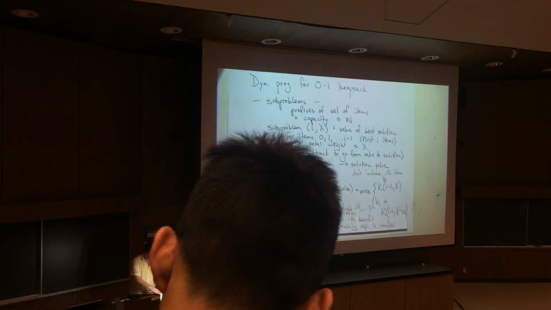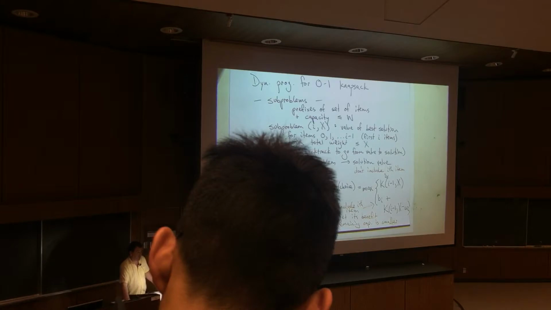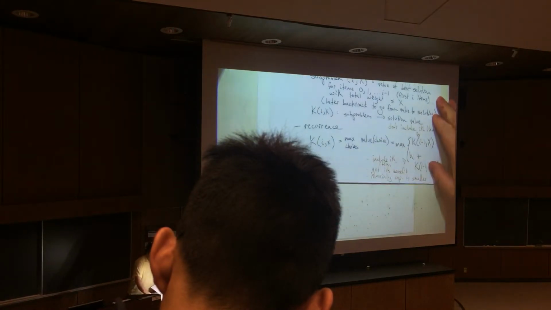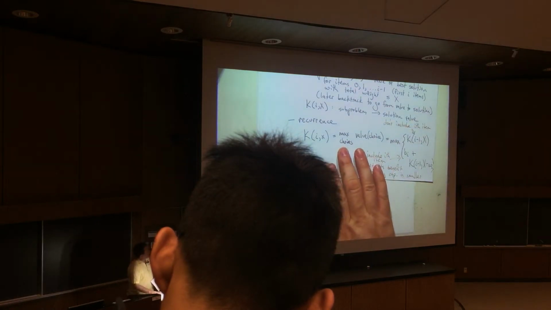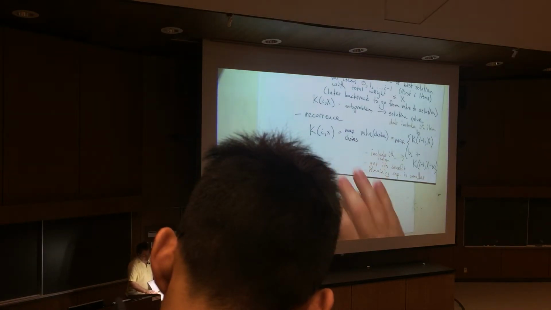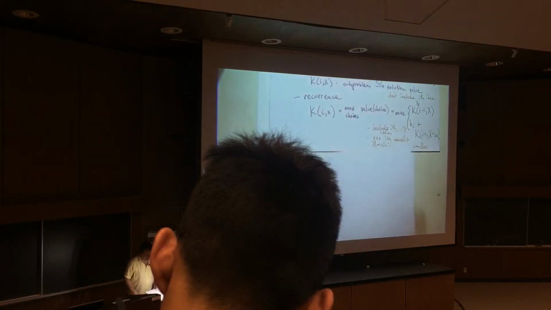So all we have to do is take this recurrence and turn it into an algorithm for filling out an array. And you could use it for a recursive algorithm that would not be efficient, because it would basically backtrack through all of the possible ways you could include or not include items.